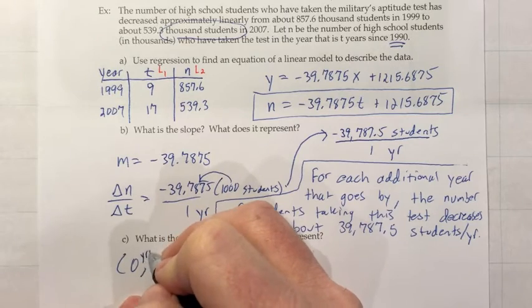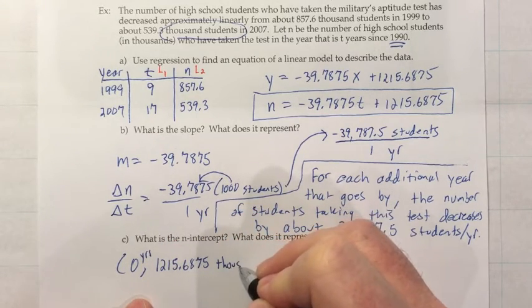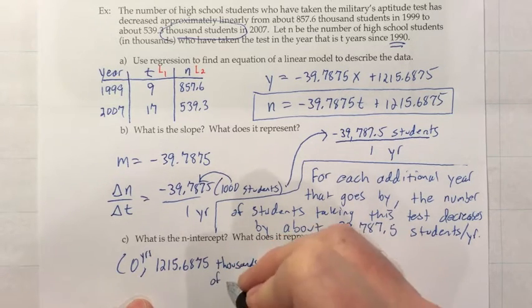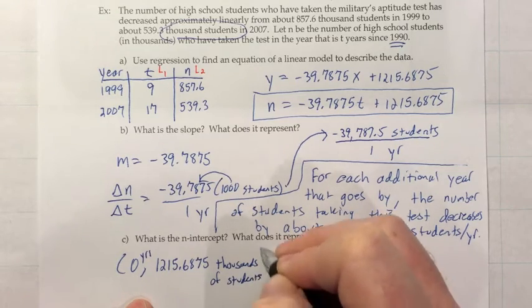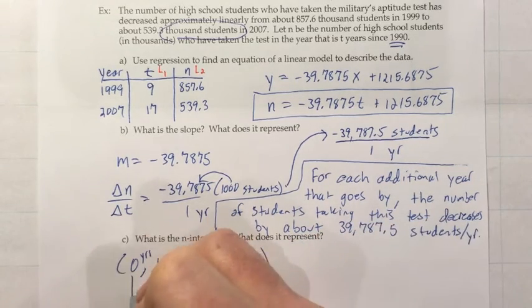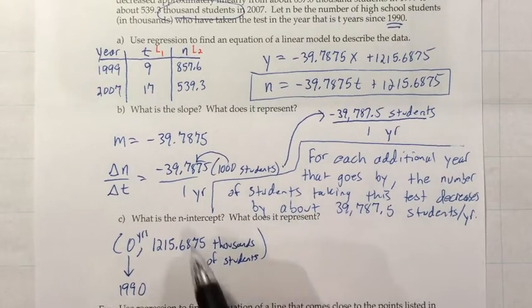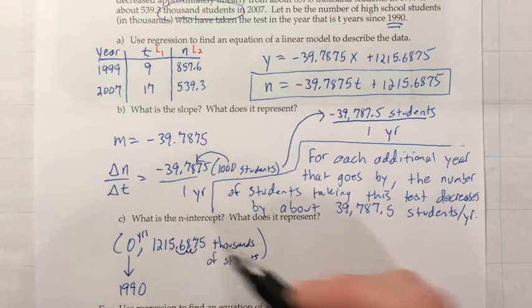This is years since 1990, and this right here is thousands of students. And so let's see, 0 years, that's 1990, which is when we started the clock on this problem. And then if we multiply by 1,000, that will move our decimal over 1, 2, 3 spots.